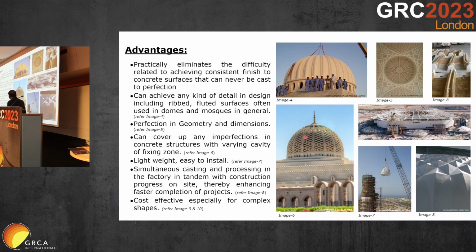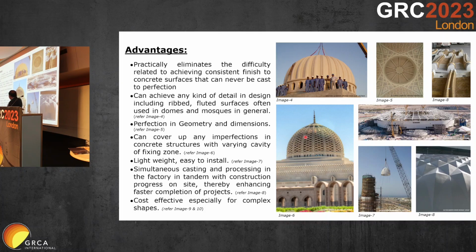So this is all cladding. This is another dome done the same way. This is the Sultan Qaboos Grand Mosque of Oman, and this dome is similar, but the patterns are different. The Al-Amin one was a fully floral pattern, whereas this is a geometric pattern.